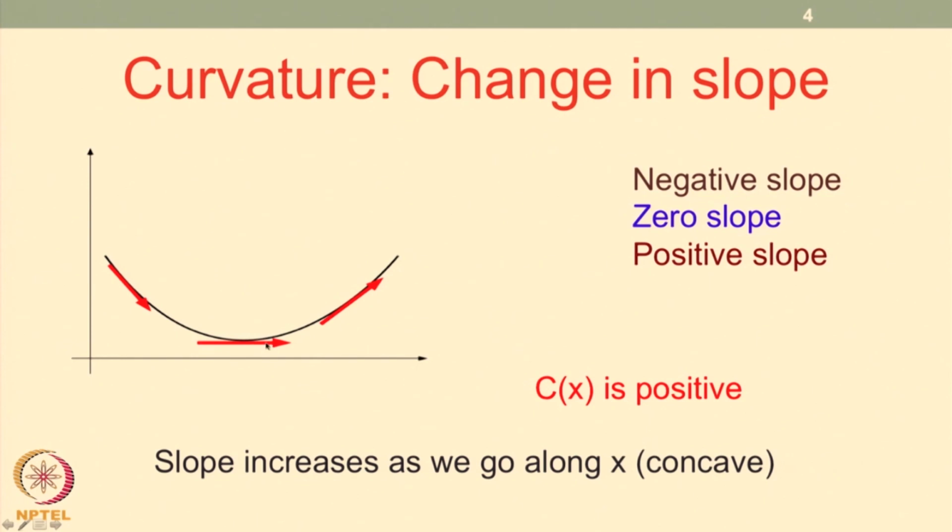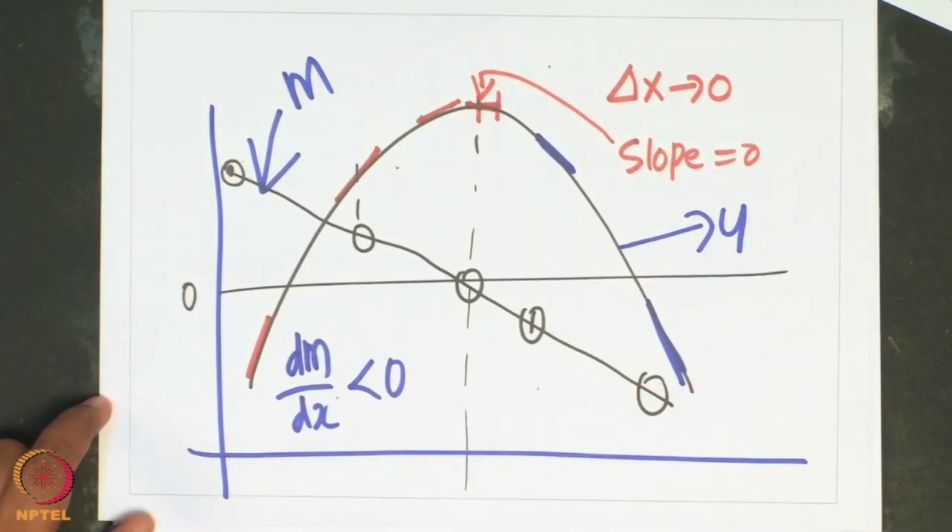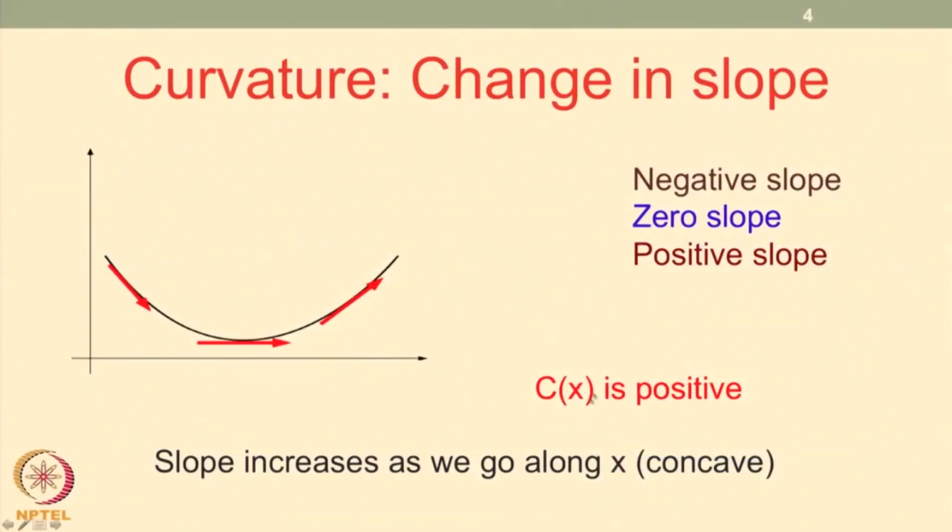Here, at this minima, the slope is very small, that is near 0, and here the slope is positive. So the slope increases from a negative value to 0 and to a positive value as we go along the x, and therefore the change in slope here is positive. Therefore c of x, which is the curvature, is positive.